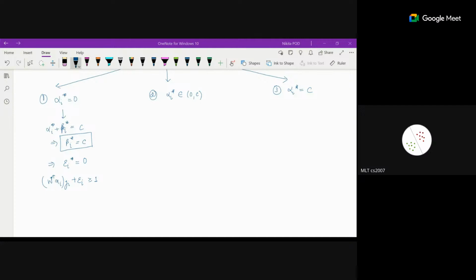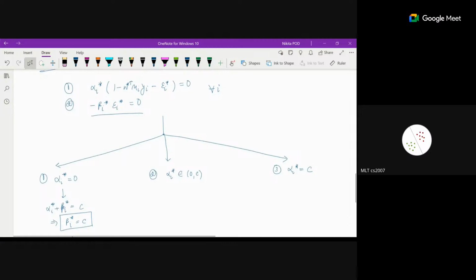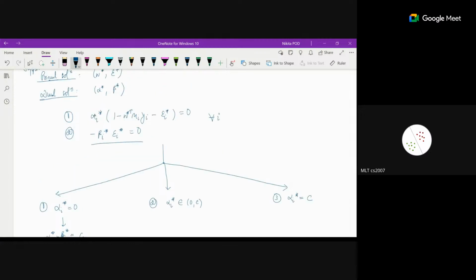It is clear that my beta I star should be equal to 0. So if my beta I star is equal to C, then I will go back to my complementary slackness conditions. This is my first condition, this is my second condition. My second condition says that my beta I star epsilon I star should be equal to 0.